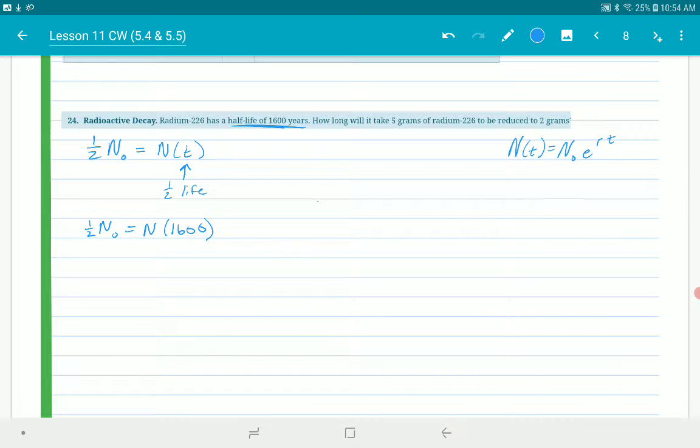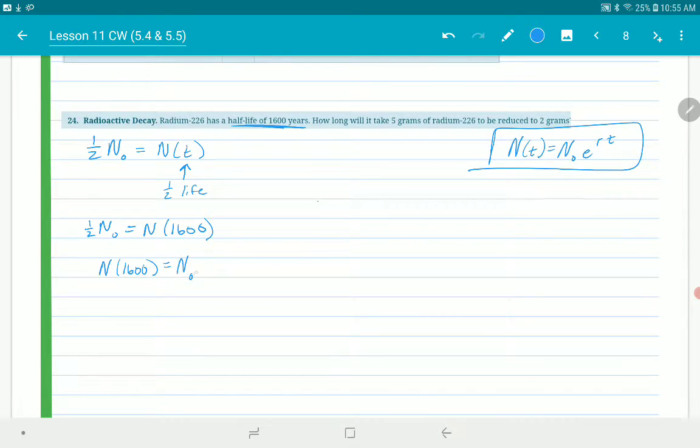And we also know from this formula that n of 1,600 equals the initial value times e to the rt. But t, we just said, is 1,600. So now I can use those two. Actually, I'm going to write it as two separate equations, just so you can see the difference.